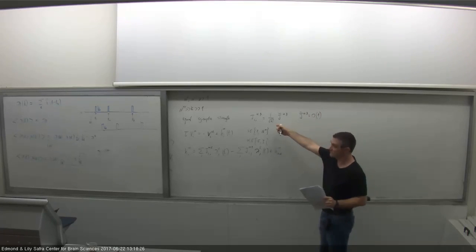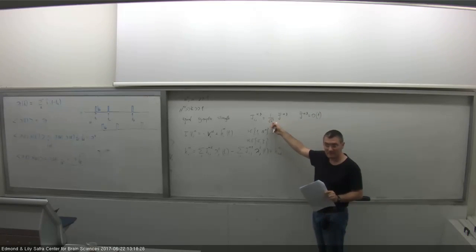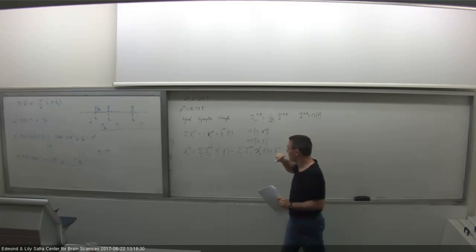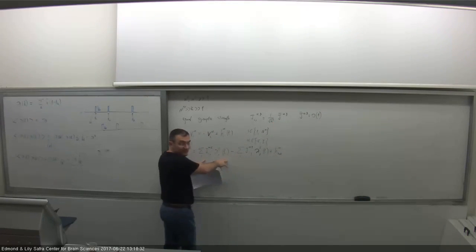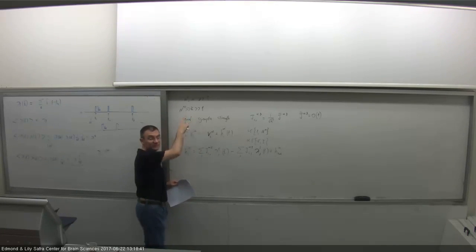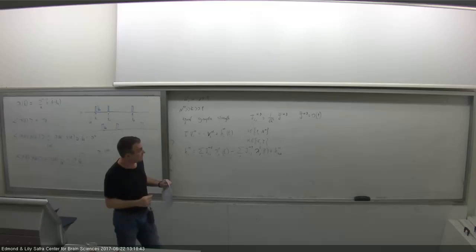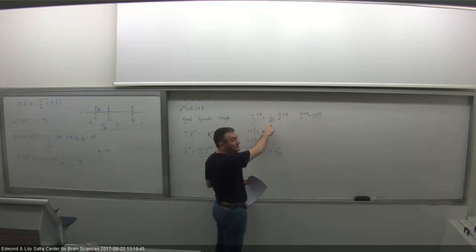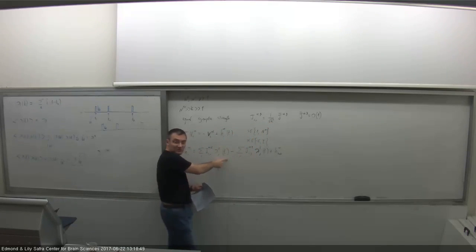So what are the implications? Let's just consider the excitatory part of the input. Each neuron receives input from K presynaptic neurons, the strength of each one is 1 over square root of K. Let's say that the firing rate is of order 1. We'll be more precise in a second.